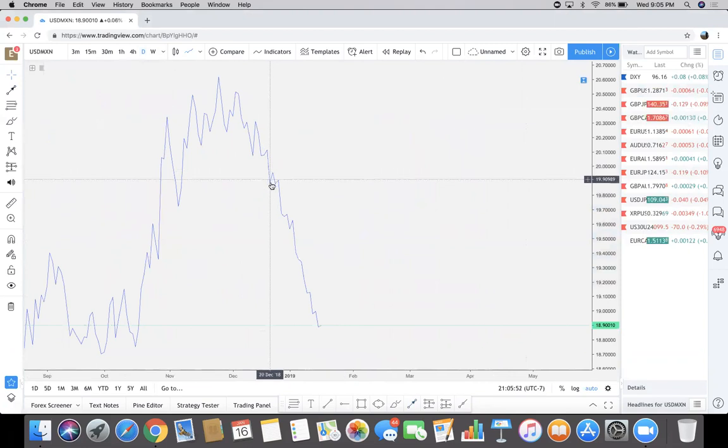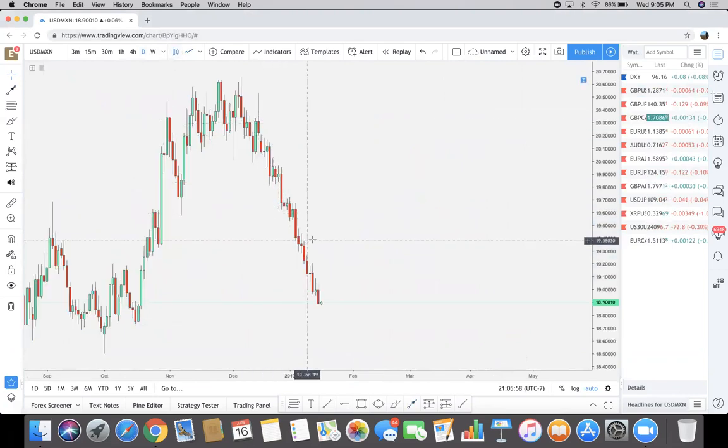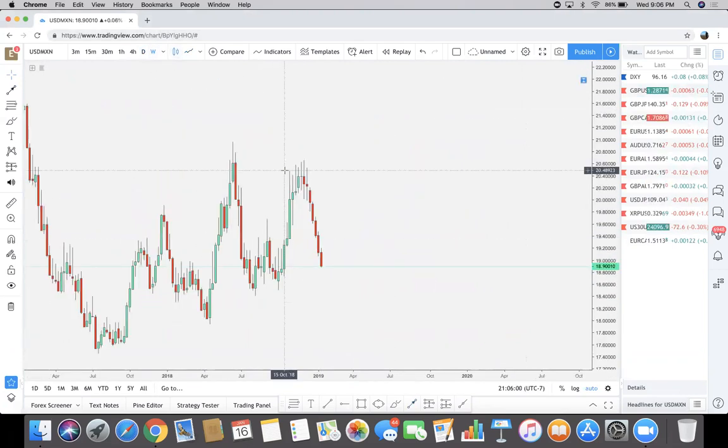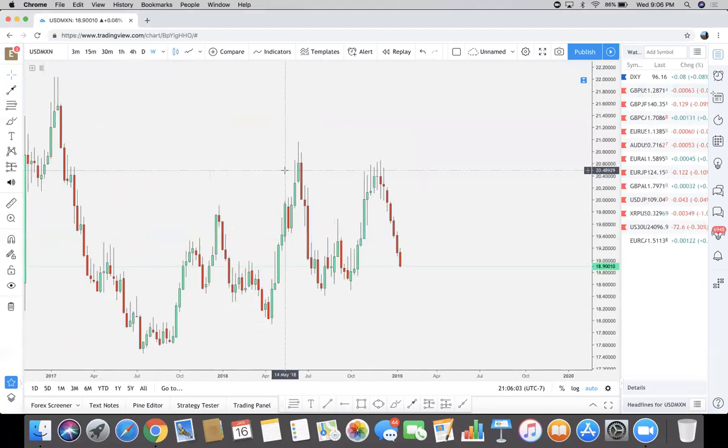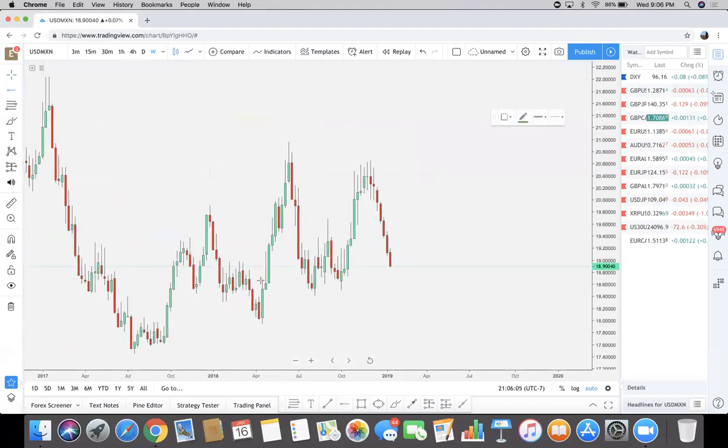You see these little supports that it's forming, but that's so minor. Price is just blasting right through that. So even if we step up to the weekly, I actually see that this is in a range right now, so what I'm going to do is mark that.